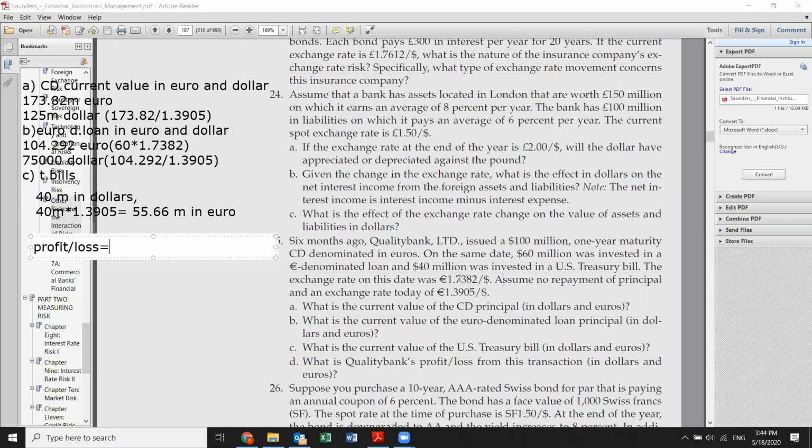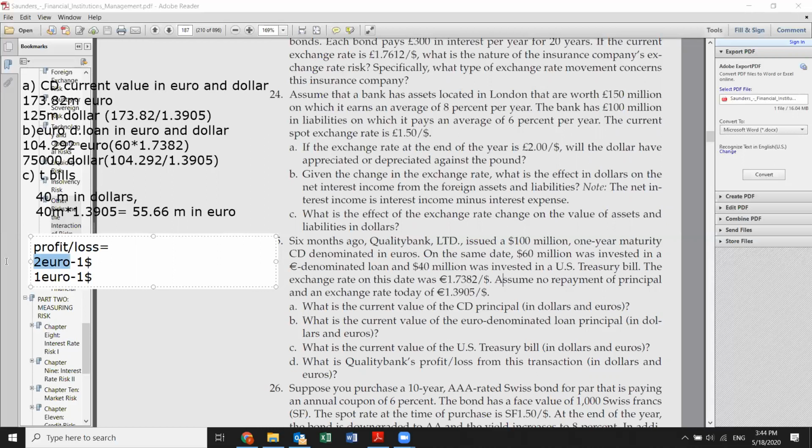Now look, for $1, how many euro do you have to pay? Let's use a rough example: for $1, you pay €2. But when it comes that you pay €1 for $1, what does it mean? Your euro appreciated.